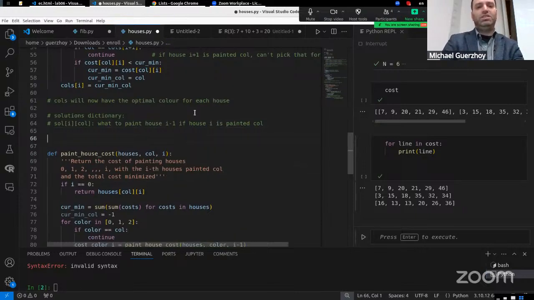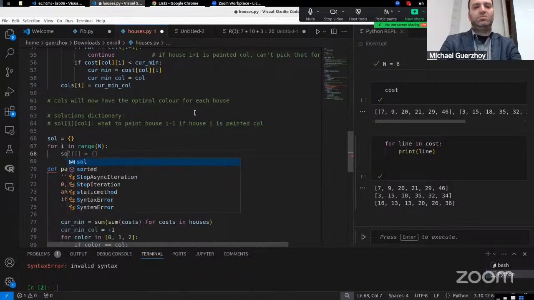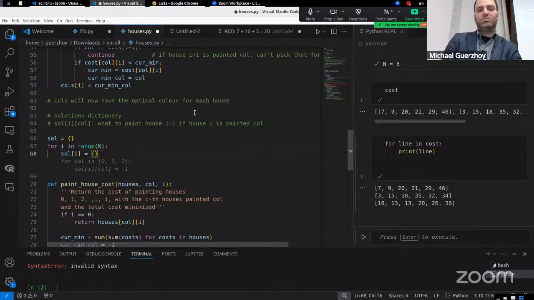I'll initialize it. So I have my N. And here for now, I'll just set it to might as well.